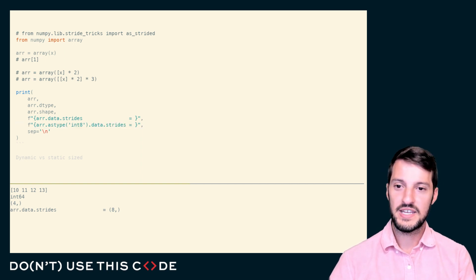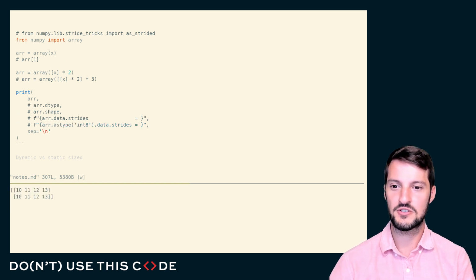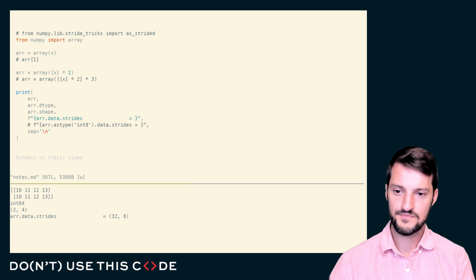And so we can actually manipulate these strides a little bit to find out more about what they mean and what they do. If I were to change the dimensionality of this array, go ahead and just print this out for you. We now have a two-dimensional array, right? This is 2 rows by 4 columns, so to speak. The data type remains constant, the shape has changed, but now we have another layer on our strides.